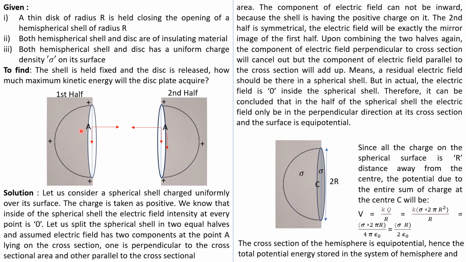Now we split up the spherical shell into two halves, one this, one this. And we have taken the point A on the cross section, assuming that one component of the electric field is in the perpendicular direction of the cross section, and one component is parallel to the surface of the cross section, as shown here in this diagram.